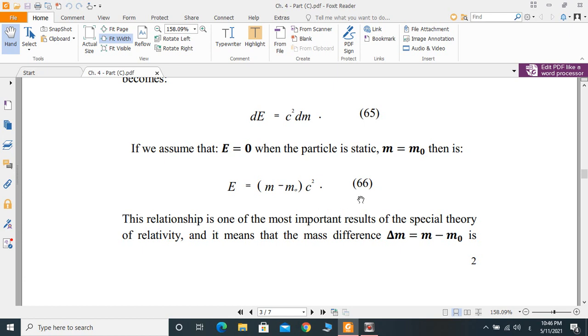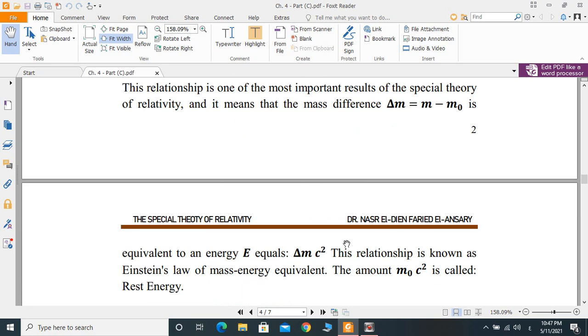This relationship is one of the most important results of the special theory of relativity, and it means that the mass difference delta m, which equals m minus m naught, is equivalent to an energy E equals delta m c square.